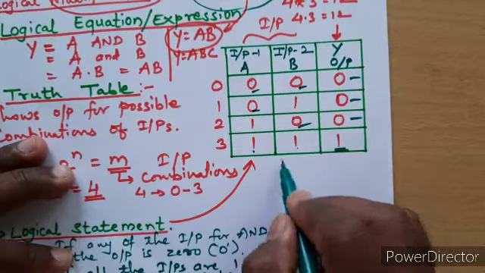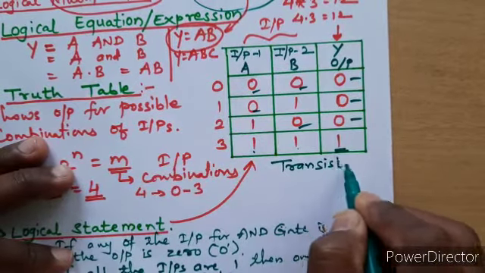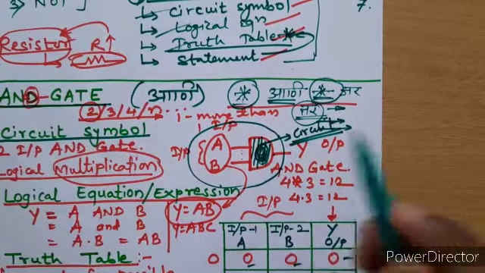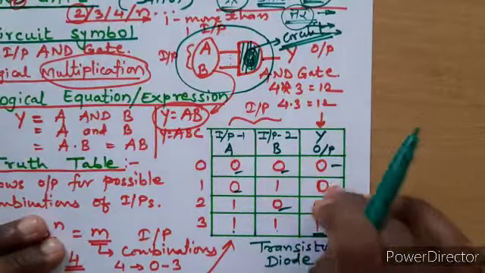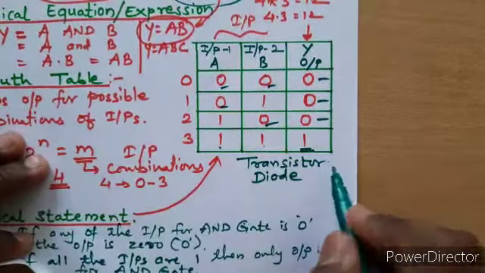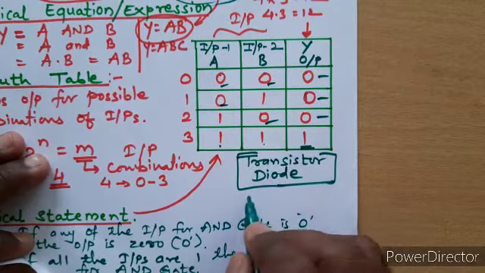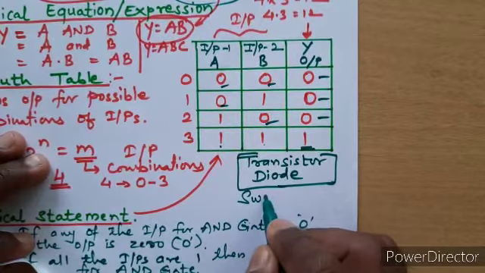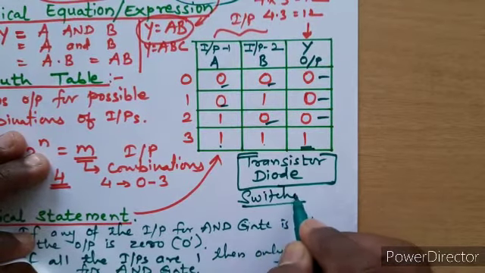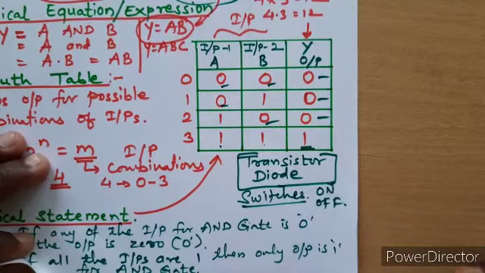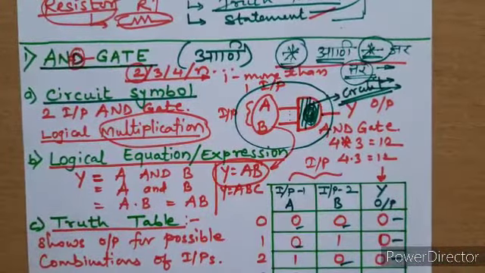So you can use a transistor or diode inside this AND gate circuit to form it. And if you remember the working of both of these, then transistor and diode both operate as a switch, which can be on, off. Right? So I hope this is clear for you.